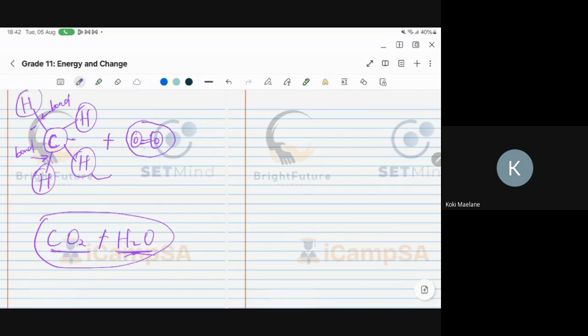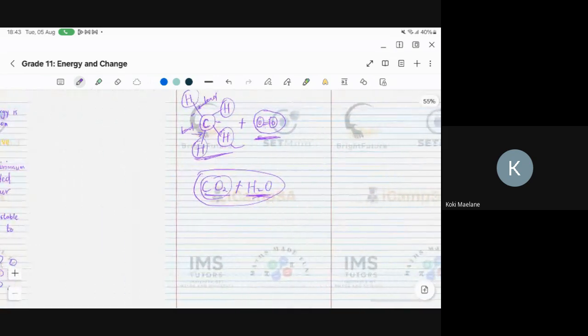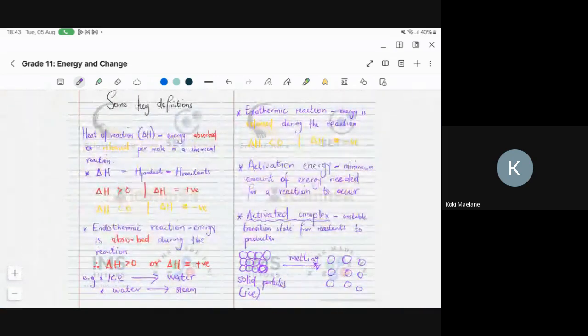And the new bonds that must be formed are CO2 bonds between carbon and oxygen, which didn't exist before, and the new bonds of hydrogen to oxygen. So that's why these bonds get broken and then rearranged. During that state, that is an activated complex. So that's the last of our definitions I wanted to show you.